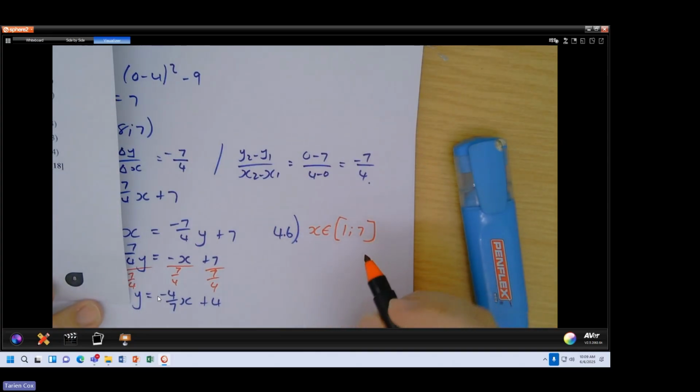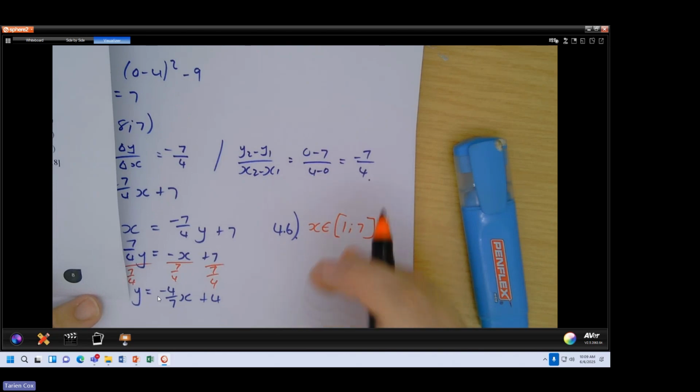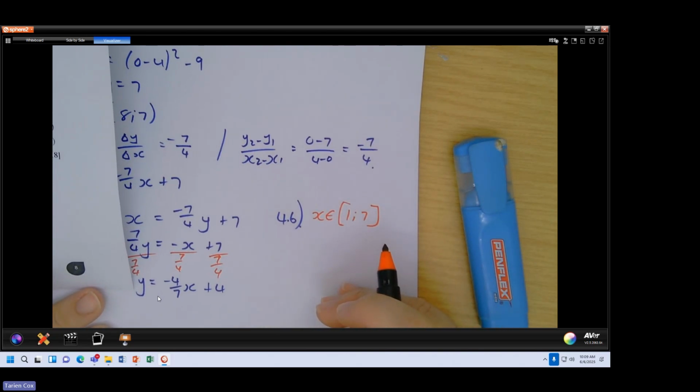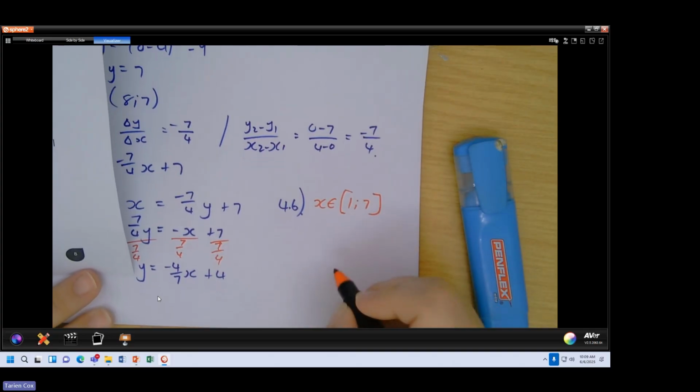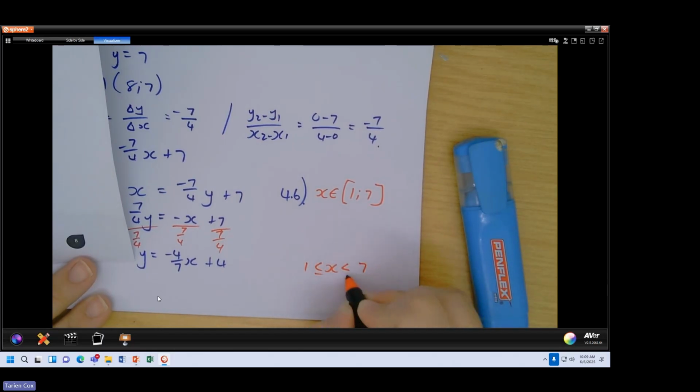If you want to do it in inequality notation, I will do that afterwards. I just want to finish the question. So I'll do it here, then you can see it. So between 1 and 7, equal. Very importantly, the arrows must both face to the left. We spoke about that yesterday.